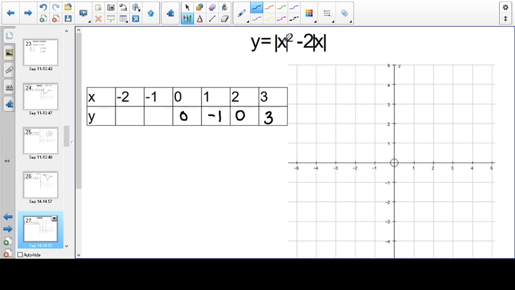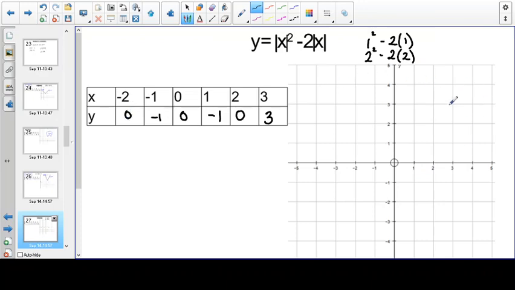Minus 1, modulus is 1 squared minus 2 times the modulus of minus 1. So basically we're doing positive 1 squared minus 2 times positive 1. And then where x is minus 2, we're actually doing positive 2 squared minus 2 times positive 2.